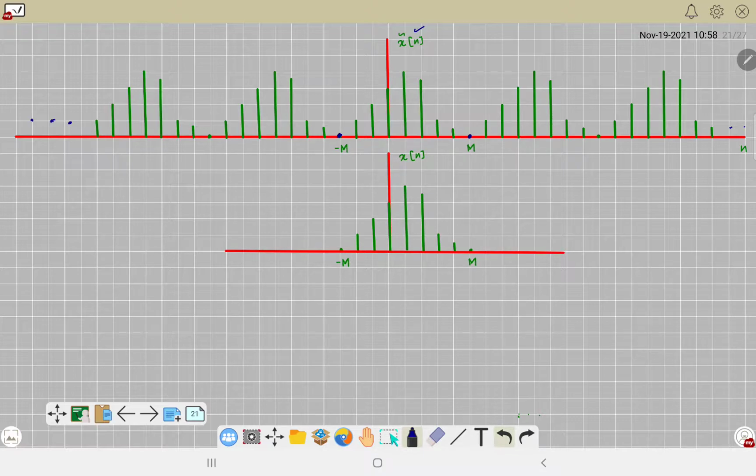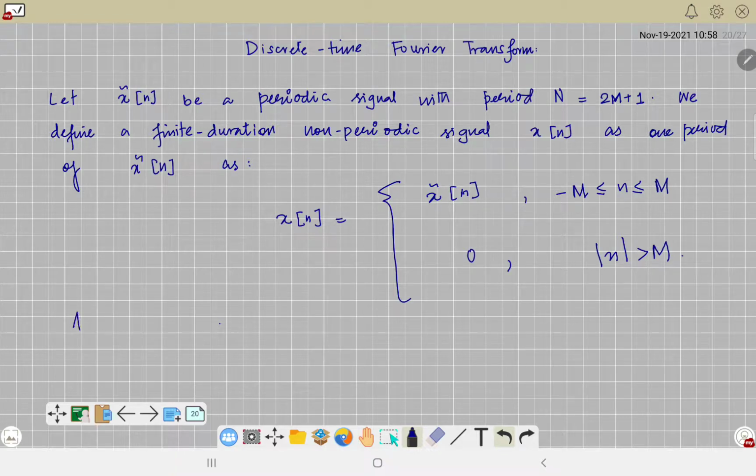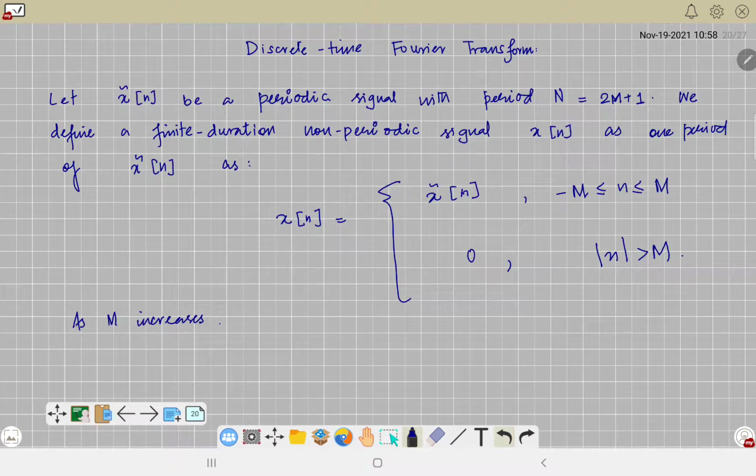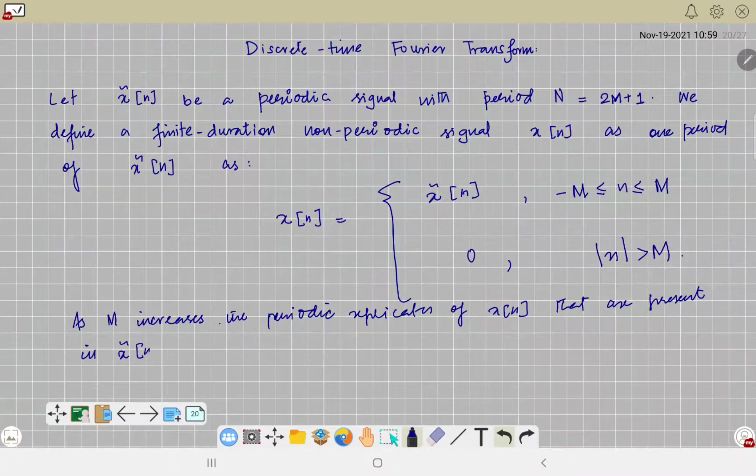Now we can take the limiting cases. So we can say that as M increases, in other words, if we assume that this point is at minus infinity and this is at plus infinity, so if we assume that M is farther distant from the origin, then the periodic replicates of x of n, which are actually present in x tilde n, will move farther and farther from the origin.